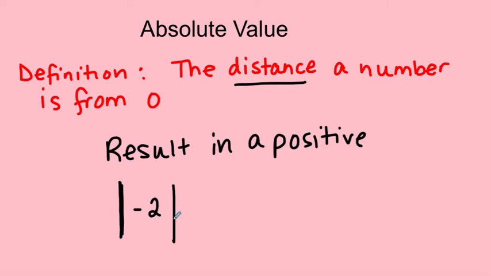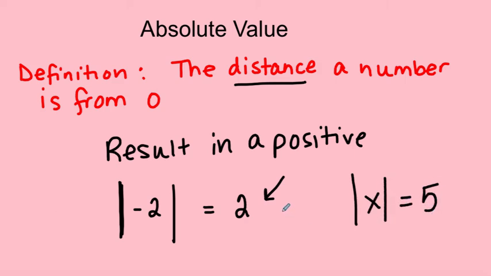The absolute value of -2, that's asking how far is -2 from 0? Well, it would be 2 units away from 0. So we'd always take what's inside the absolute value and the output can only equal a positive number. All right, so think about that if I say the absolute value of x is 5.